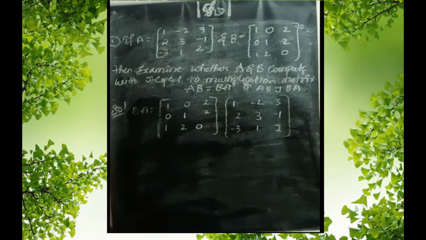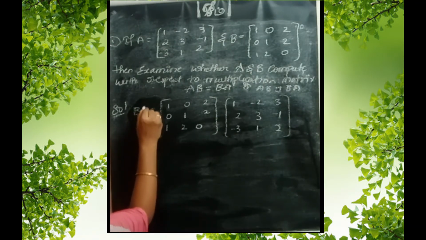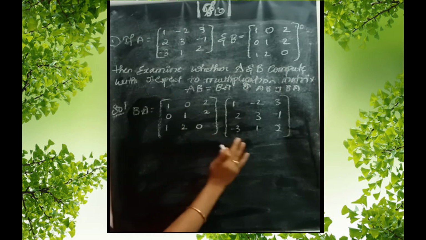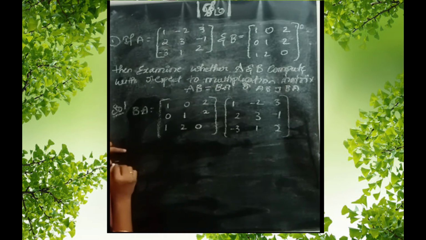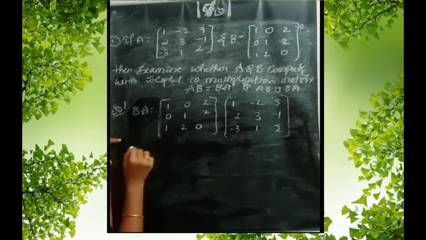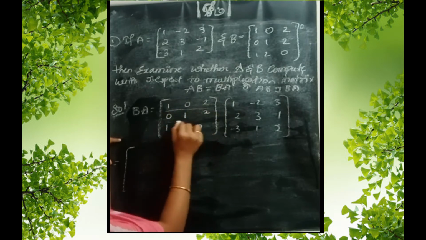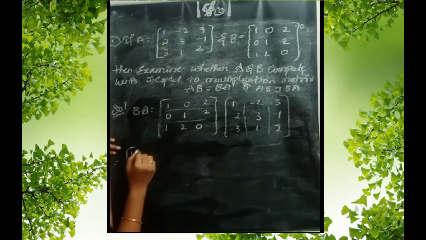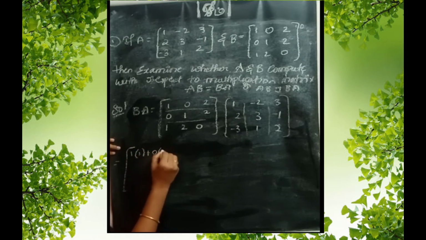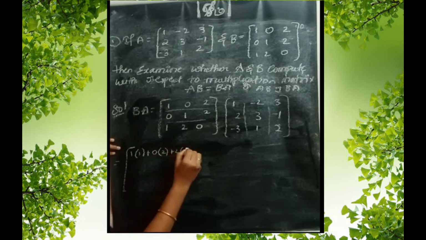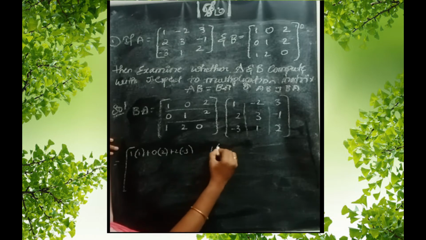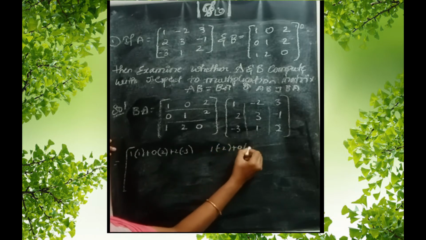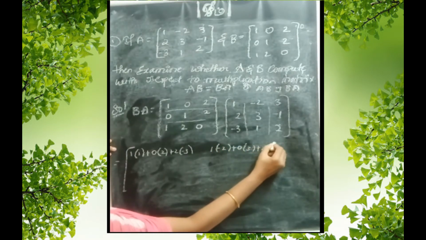Now BA. This is the B matrix and this is the A matrix. Same as before, multiply. These are the rows and these are the columns. Now multiply 1 into 1 plus 0 into 2 plus 2 into minus 3, plus 1 into minus 2 plus 0 into 3 plus 2 into 1.